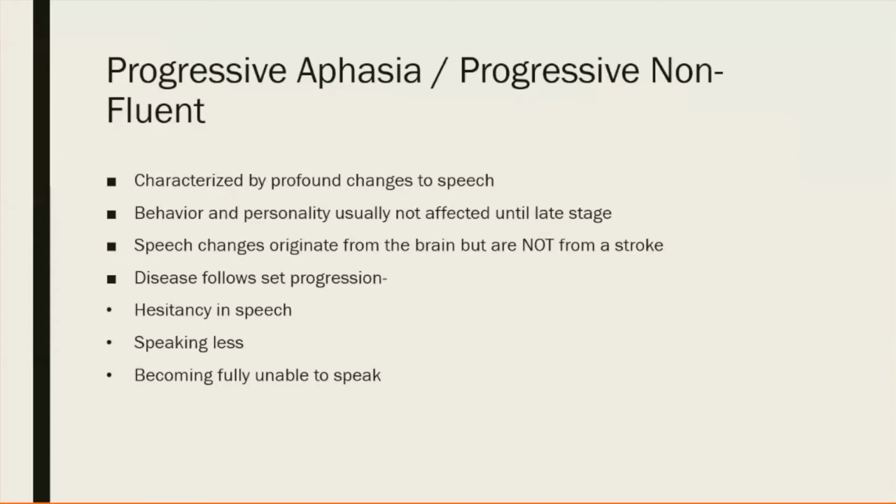So just a little side note, something that I found to be really effective when working with people with progressive aphasia FTD is using music. So music is processed in a lot of different places in the brain, not just the frontal and temporal lobes. It's also coming from the occipital and parietal lobes. So there are parts of the brain that are still able to process lyrics.